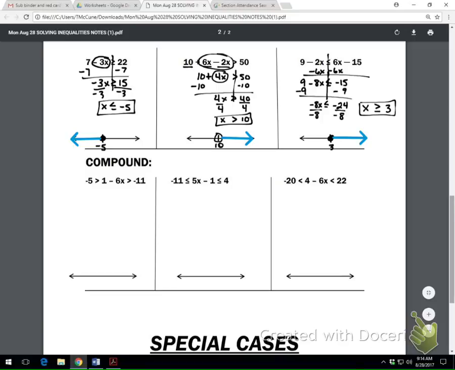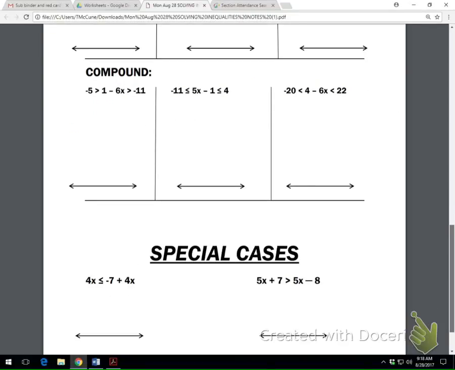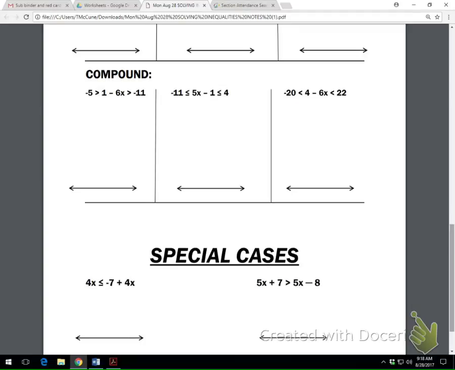Now, compound inequalities are a little different. You still go about it the same way, except you have to break it up into two equations. So your first equation would be this part right here. So if I mark this out over here and not use it, I got negative 5, and I'm going to write this out to the side so I can go back and rewrite the other one.